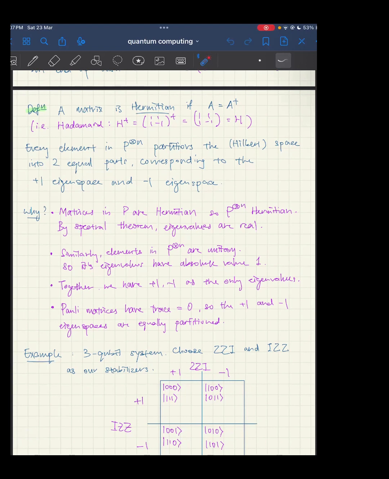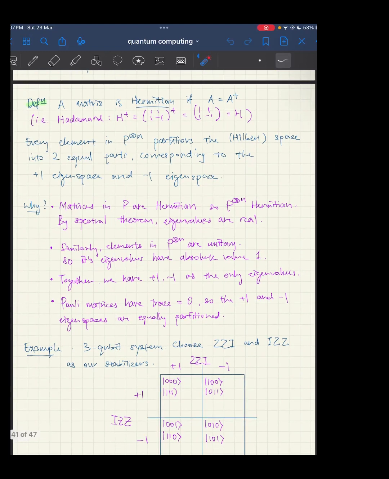Because if we have more +1s on the diagonal, then the trace would be positive, and the same for the negative. So they have to be equally distributed, and the number of these eigenvalues corresponds to the dimension of the eigenspace. And since they are equal, the eigenspaces are equally partitioned.